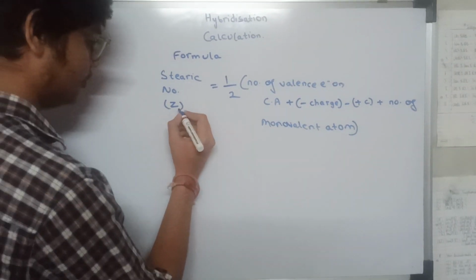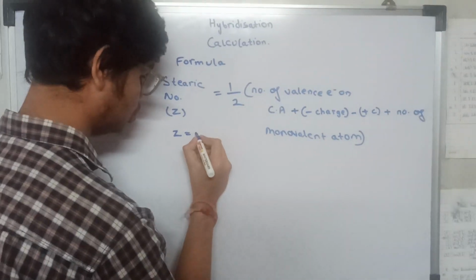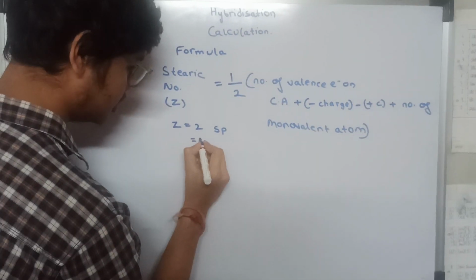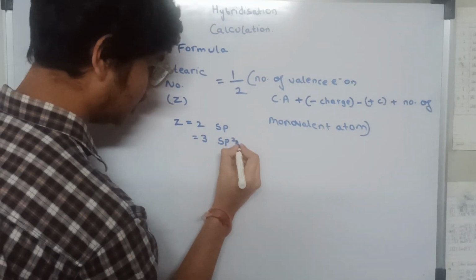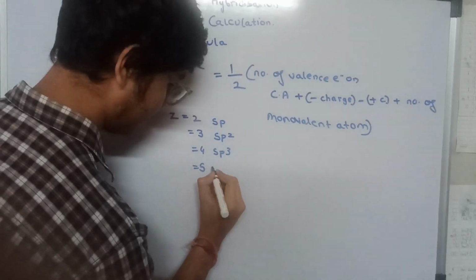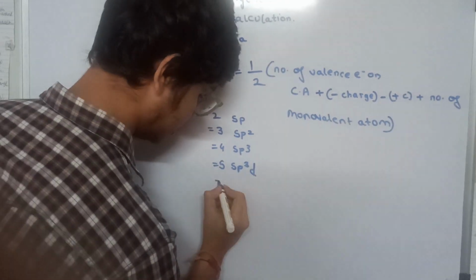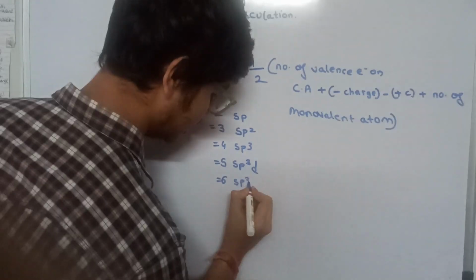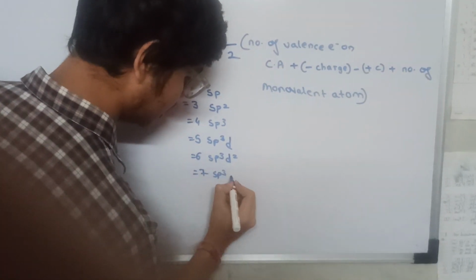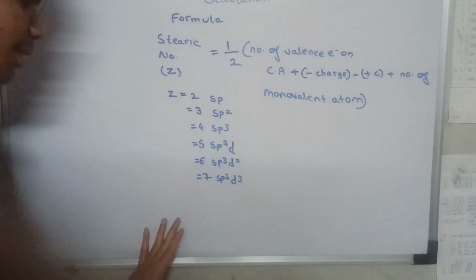Now if the Z value comes as 2, then you write sp. If it is 3, then it is sp2; 4, sp3; 5, sp3d; 6, sp3d2; and last is 7, sp3d3. That is the way to calculate the hybridization.